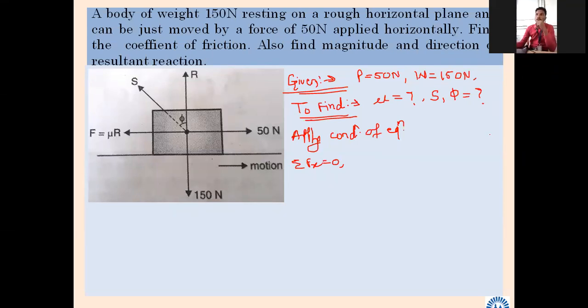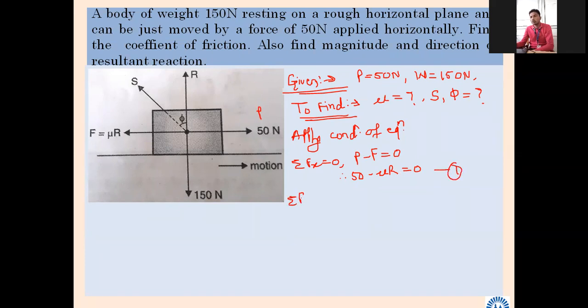We have this P force and this is F. So P minus F equal to 0. That is 50 minus mu into R equal to 0. But are we knowing anything about R? Not knowing. So this is equation 1.